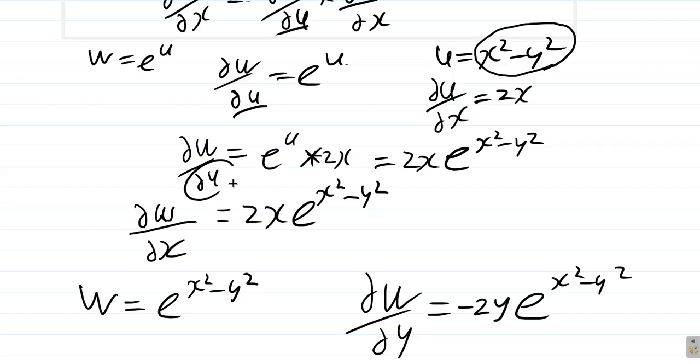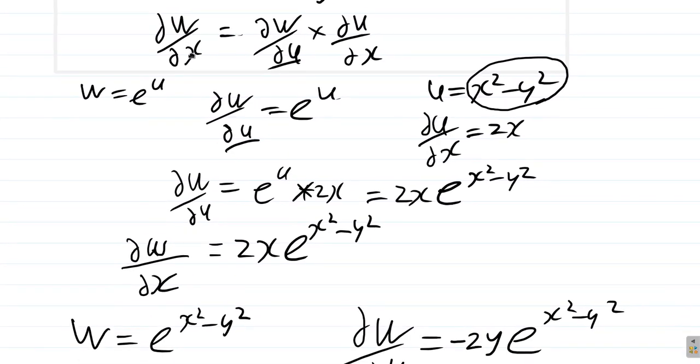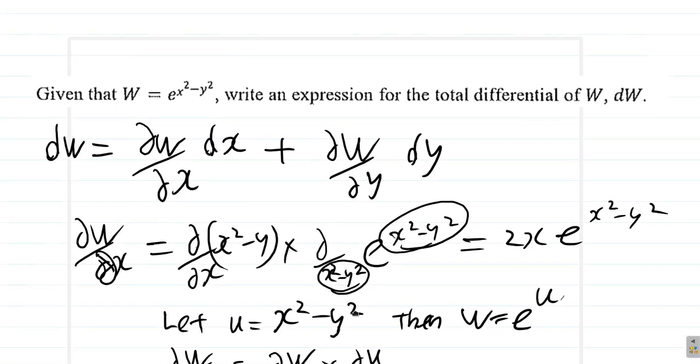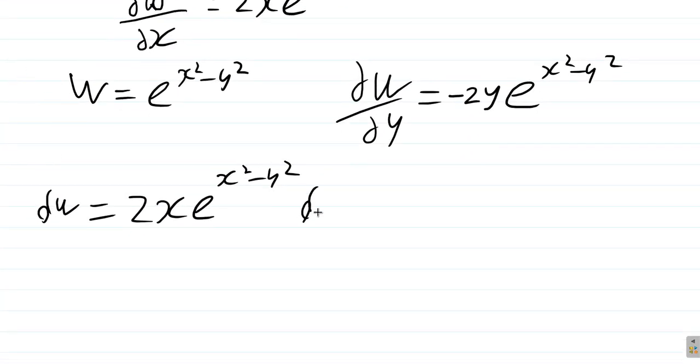I was looking at this when I was writing this down, but it's partial w by partial x that I should have. See it here? So what you have is 2x e to the x squared minus y squared, and what was beside it? dx. See that?